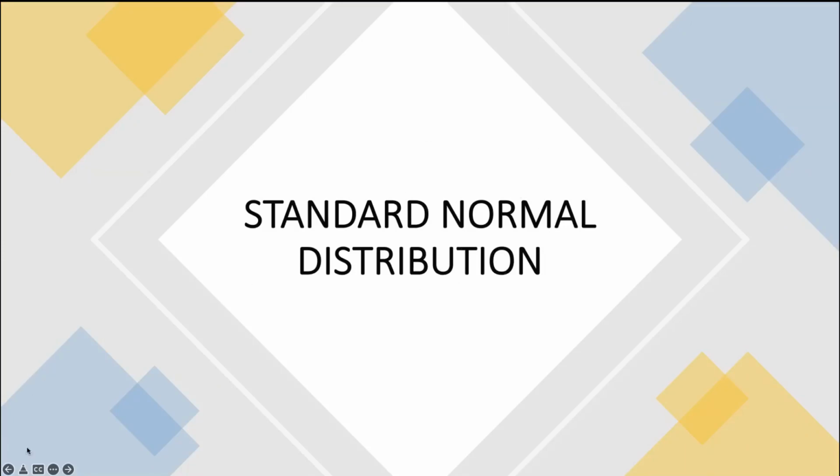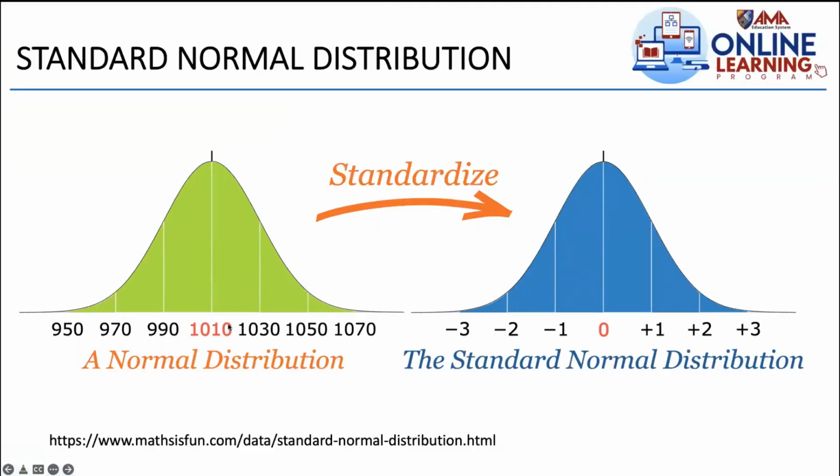Okay, let's dive in. How do we get this? From a normal distribution, you can standardize it into a standard normal distribution according to this website. Meaning if you have these data values, probably 950 is the smallest and the highest is 1070, and your data are already graphed here.